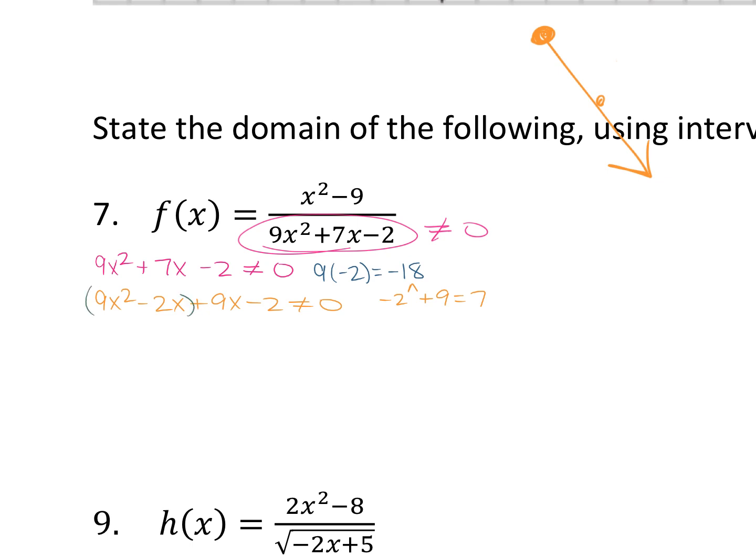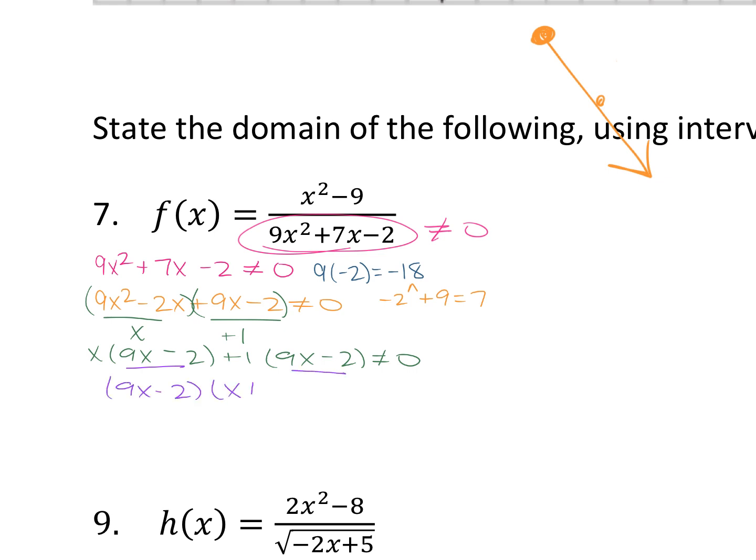We're going to group the first two, group the last two, factor out an x from the first, factor out a 1 from the second. That gives us x times 9x minus 2 plus 1 times 9x minus 2 is not equal to 0. Parentheses are the same, so that's 9x minus 2 times x plus 1 is not equal to 0.